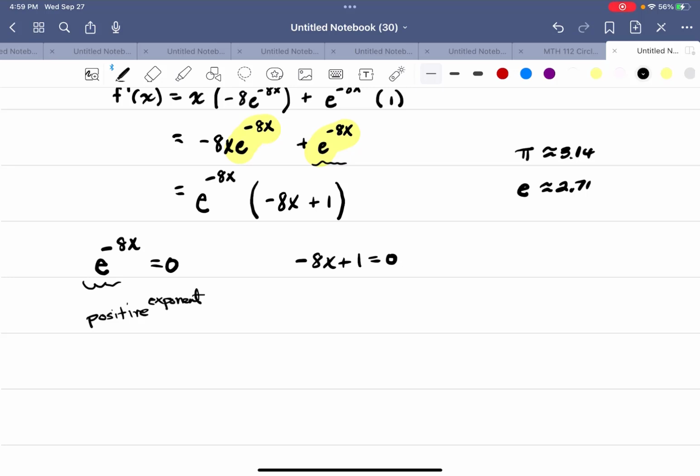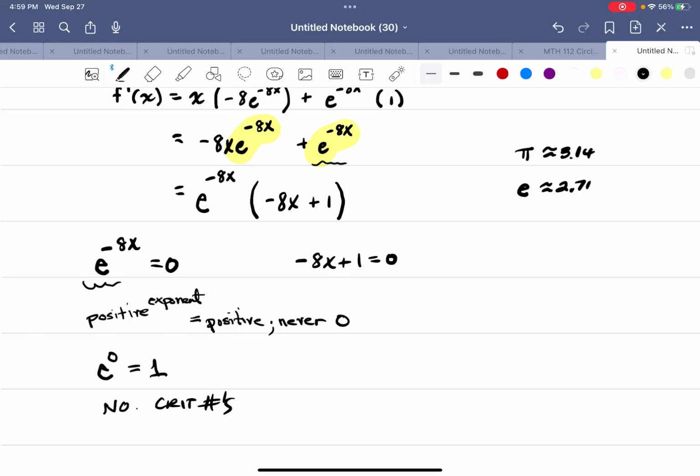And it doesn't matter what that exponent is. When you have a positive number raised to an exponent, you're going to get a positive, and you're never going to get a 0. Even if you raise this whole thing to the 0, you get a 1. There's no way to get a 0 from that first factor. So no critical numbers come from this.